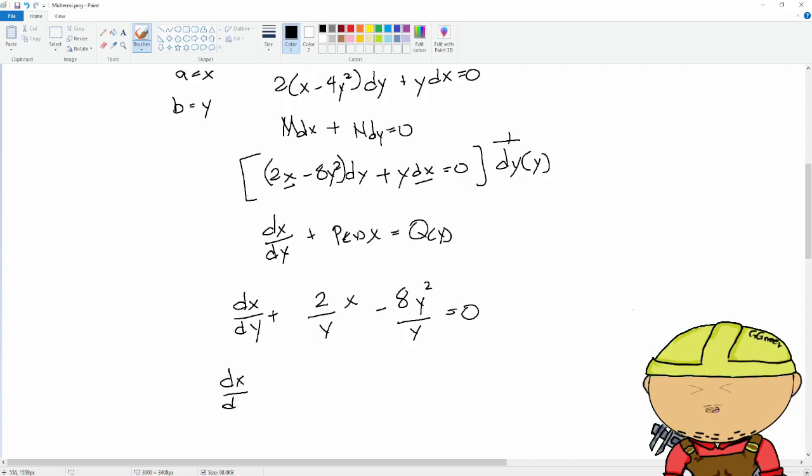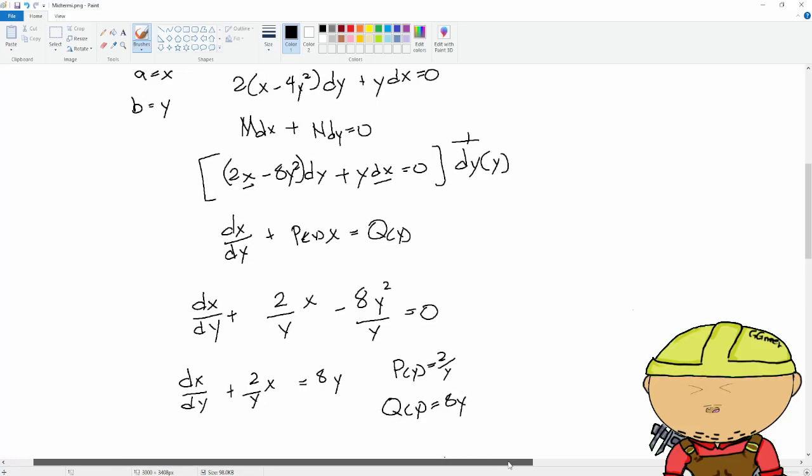So dx over dy plus 2 over y times x is equal to 8y. Now we can determine our P of y, which is 2 over y, and our Q of y, which is 8y.